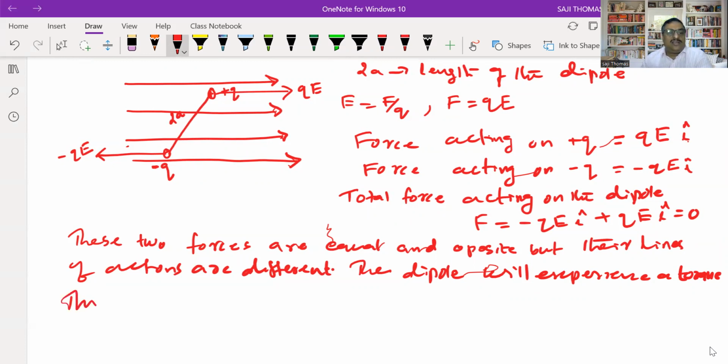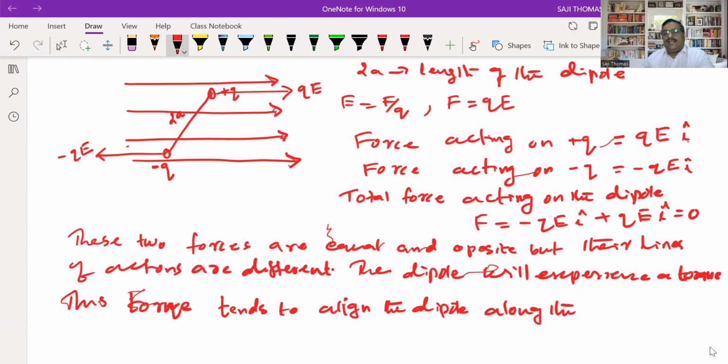This torque tends to align the dipole along the direction of the electric field.